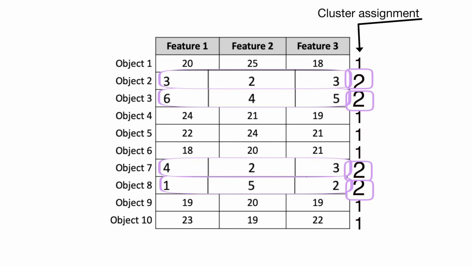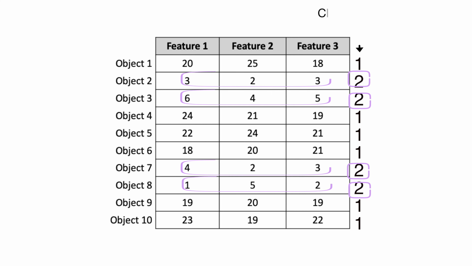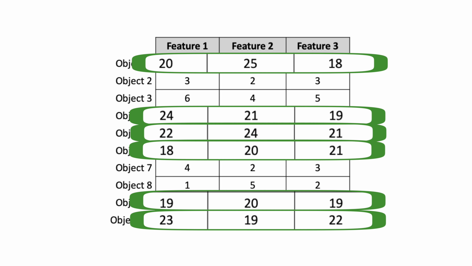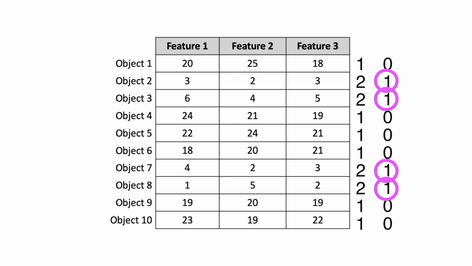The cluster assignments could be different as well. For example, the k-means clustering algorithm could say that these rows belong to cluster 0 and these rows belong to cluster 1. Notice that these two sets of outputs are the same. Just the cluster name 1 has changed to 0 and cluster name 2 has changed to 1.